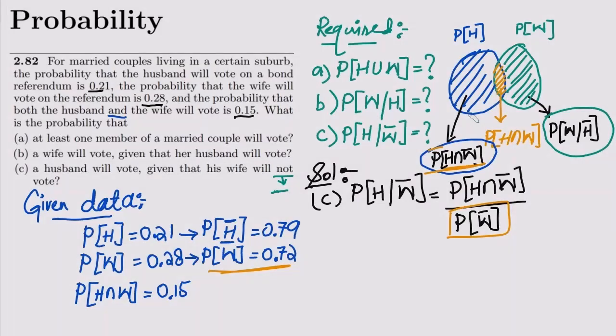From this diagram we can very clearly see that this is the overall area, which is the probability of the husband, while this area in yellow, how can we find it? By subtracting the intersection area from this one.